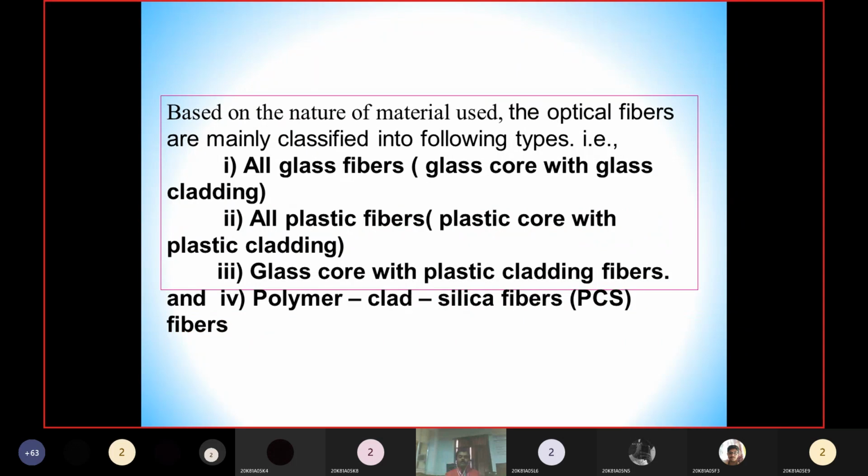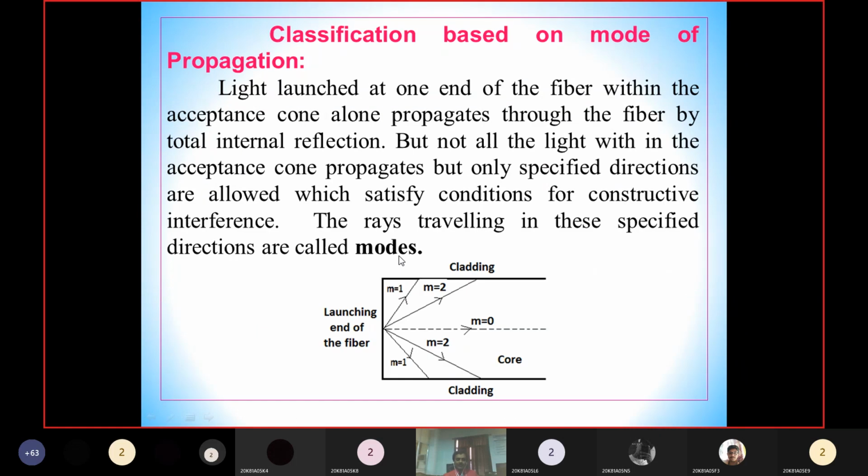Based on the type of material also, sometimes we use plastic as the core, sometimes glass. That classification is not required for us.